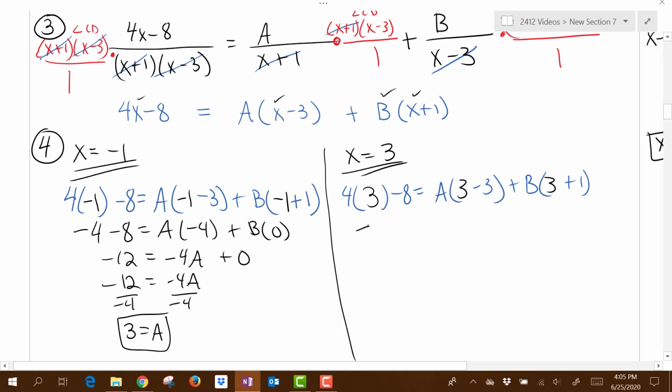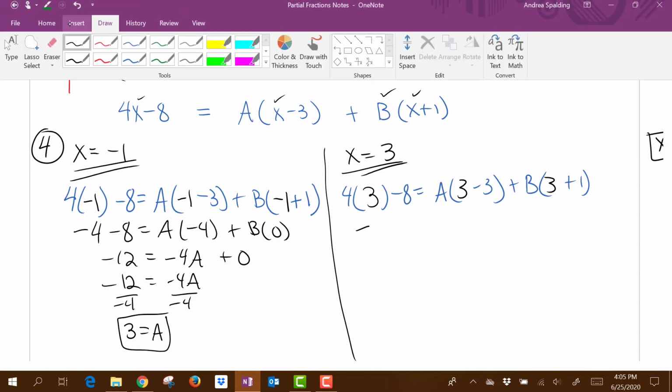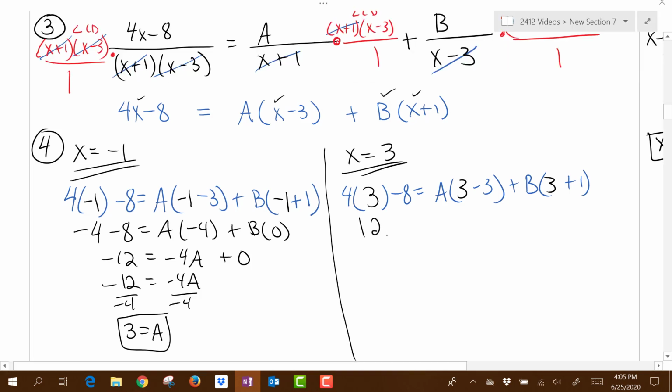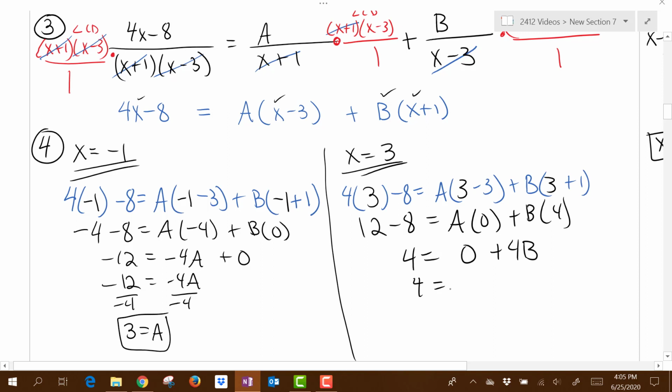What is that? 12 minus 8 equals A times 0 plus B times 4. So 4 equals 0 plus 4B. We usually don't write 0, so we usually just write 4 equals 4B. Then I'm going to divide both sides by 4, and I get that 1 is equal to B.